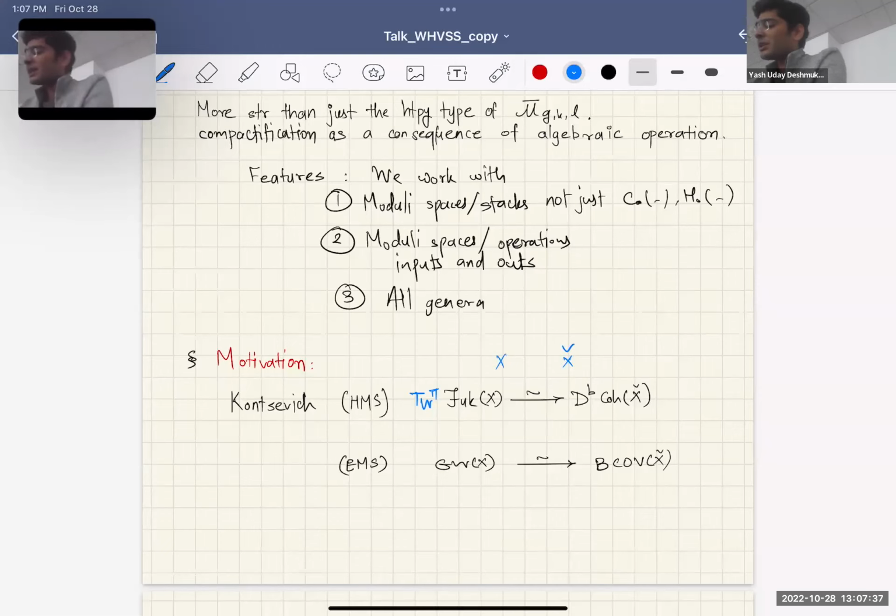More generally, you can expect Gromov-Witten invariants on one side, which are enumerative counts, to match with something that I'm just going to call BCOV invariants of the mirror. These are invariants related to variation of complex structures on the mirror.